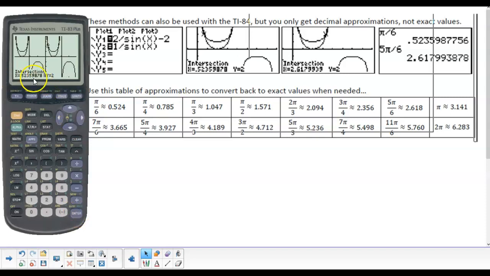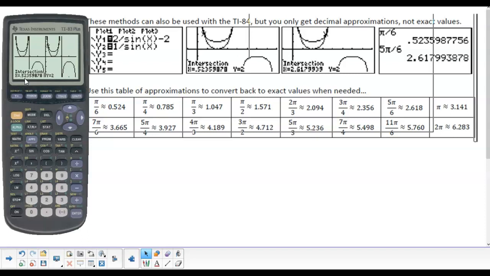And there at the bottom, we can see the calculator estimates the point of intersection to be at 0.5235987, y equals 2. Now these calculators are old, and so they don't show you the exact value in radians. They give you a decimal approximation.